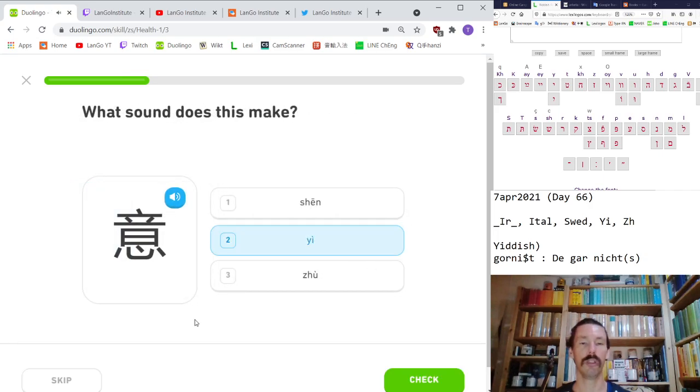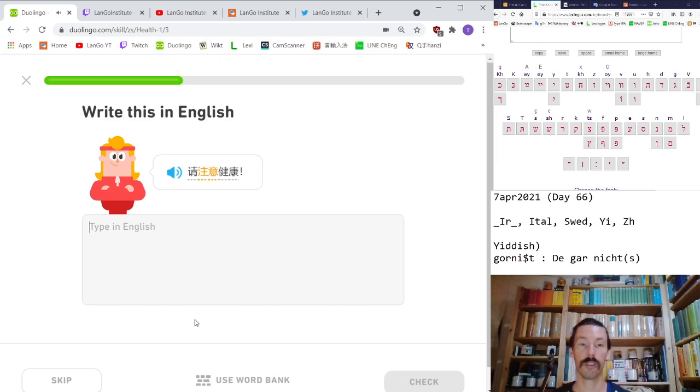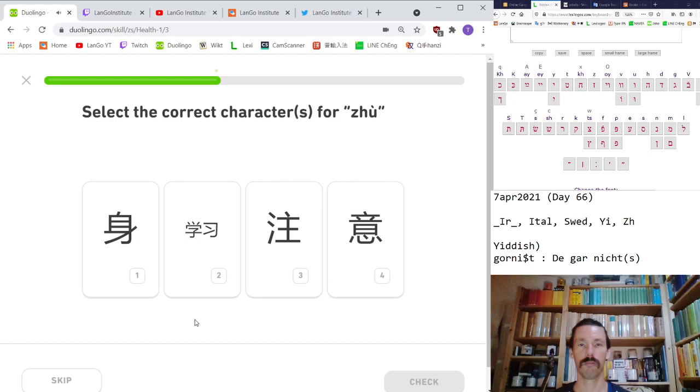意 Intention. Compounds. 请注意健康。 注意 like this one. Pay attention. 注意 it means pay attention. 请注意健康. Pay attention to your health. 住 from left you got the body. 身 study 学习.